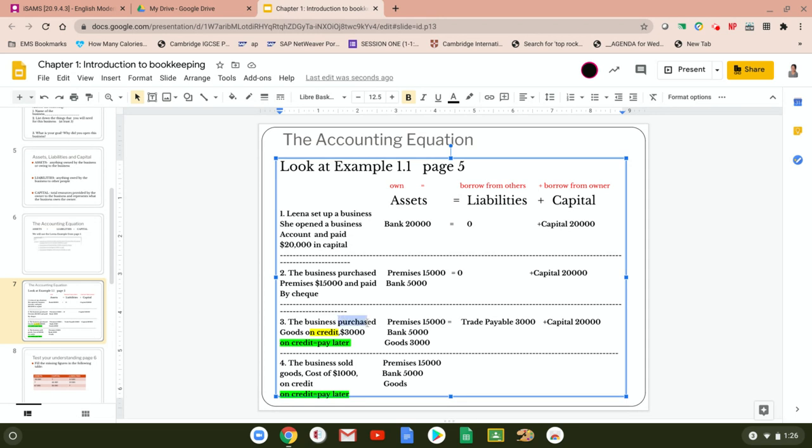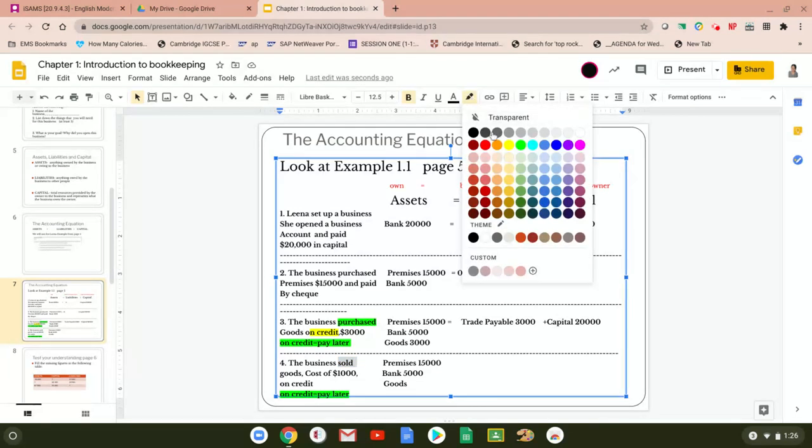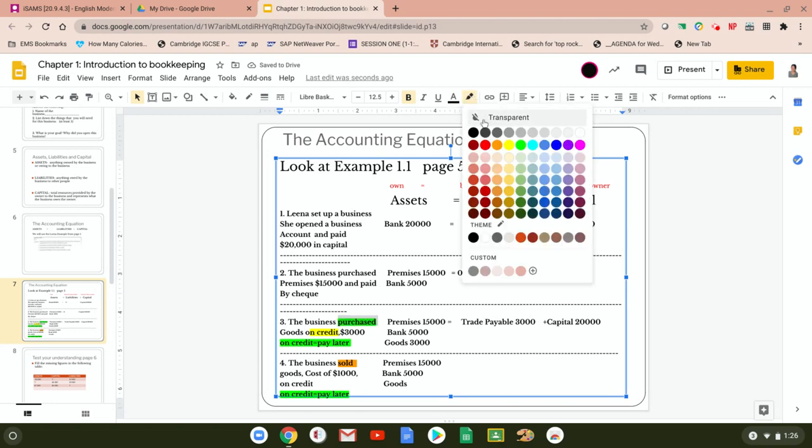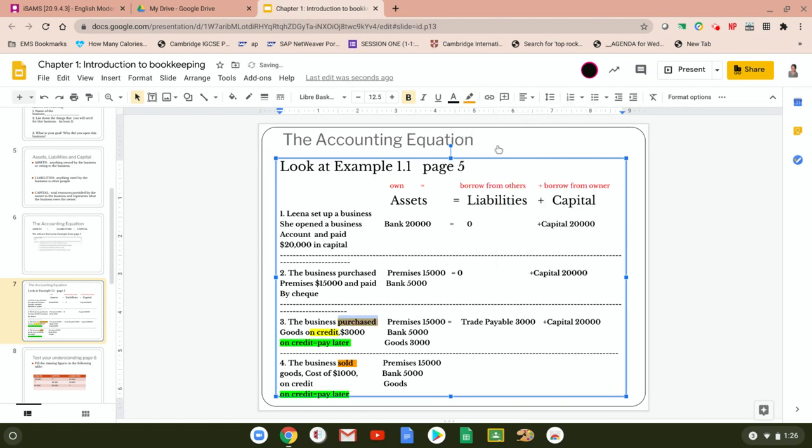This one, I will highlight. It is purchased. This one below is selling. This is sold goods. The one on top is purchased. Later, I will explain again in the next slide the definition of purchases and sales.